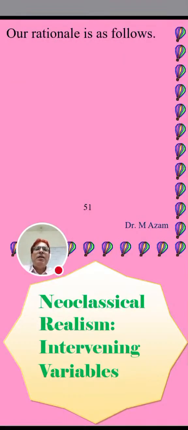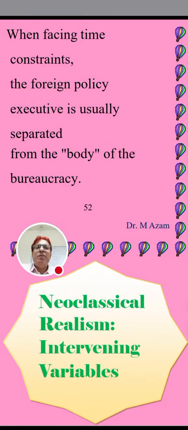Our rationale is as follows. The authors of this book explain it further. When facing time constraints, when the decision has to be made immediately, the foreign policy executive is usually separated from the body of the bureaucracy.